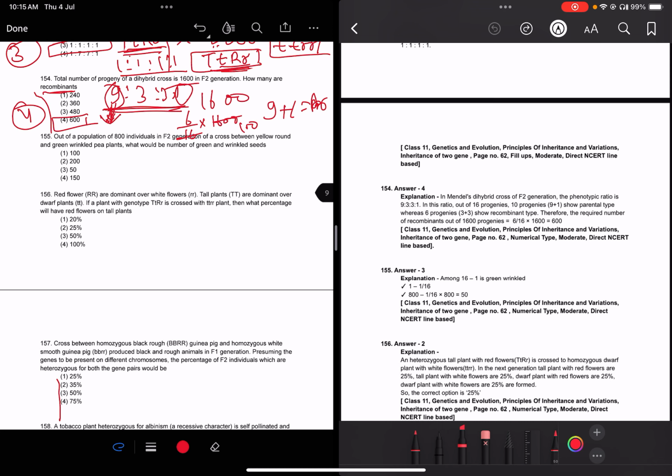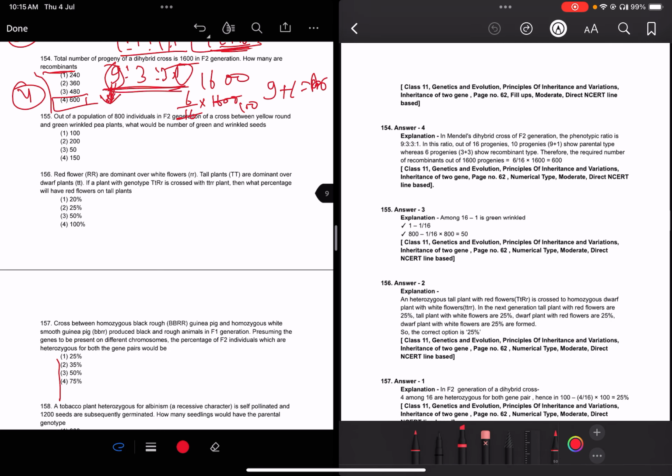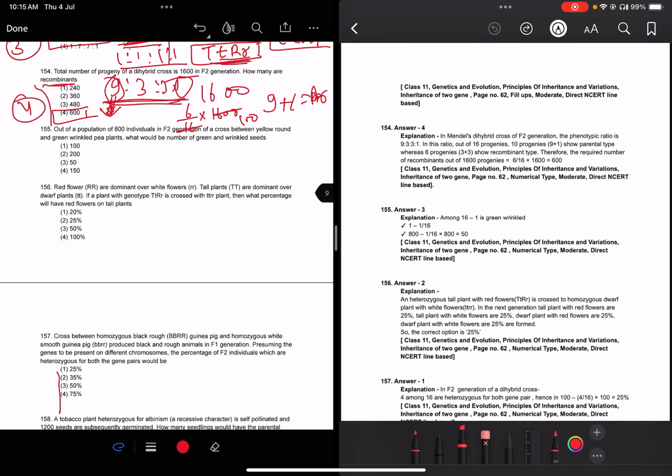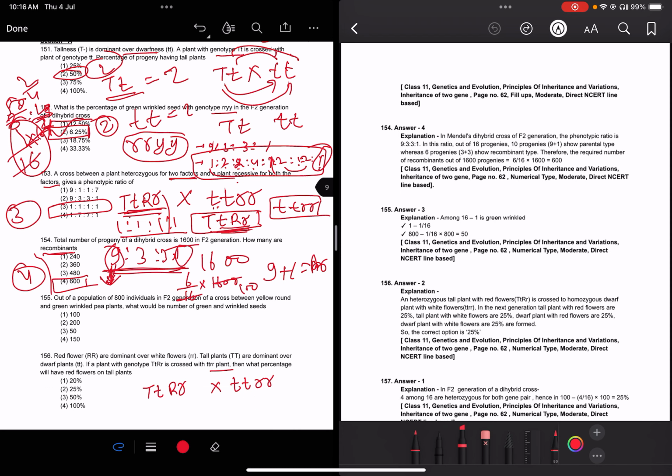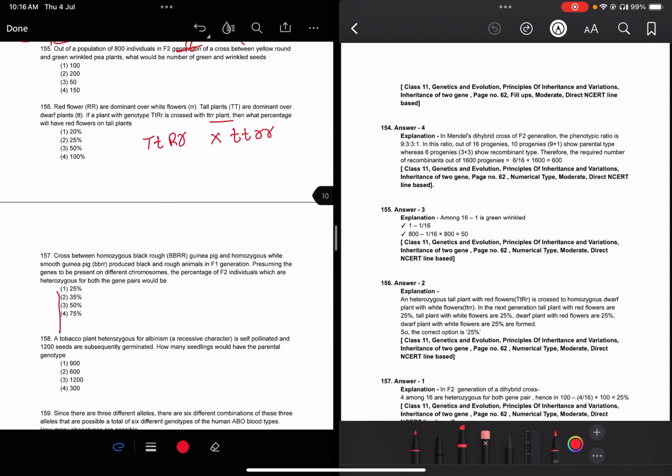Now move ahead to the next question, 155. Red flower is dominant over white flower. Tall plant is dominant over dwarf plant. If a plant of genotype TtRR is crossed with TtRR plant, same as question 153, then what percentage have red flower on tall plant?